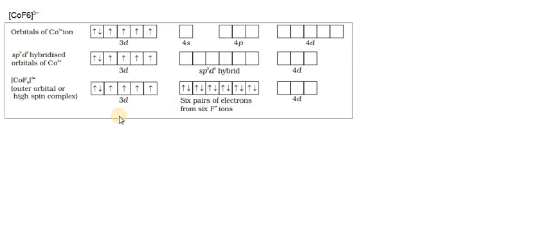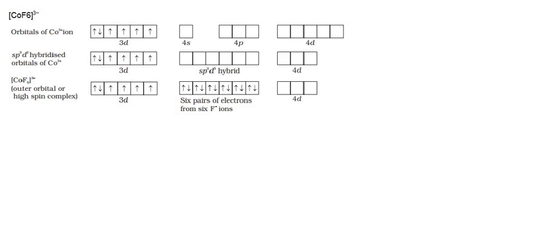This is a typical hybridization scheme for this particular complex, where the d2 orbitals are utilized from 4d orbitals for hybridization.